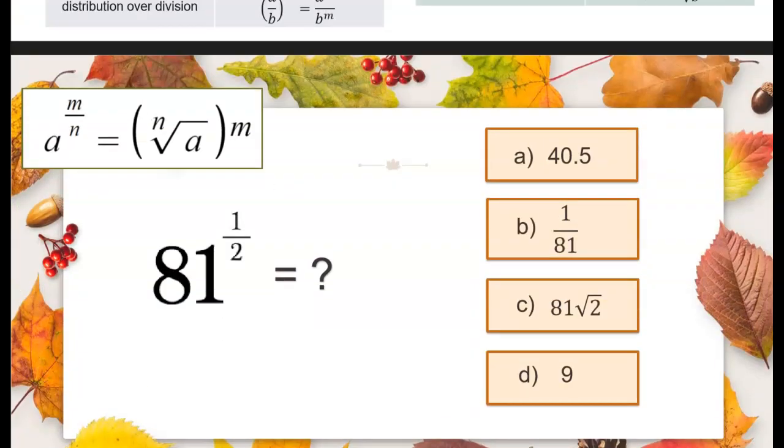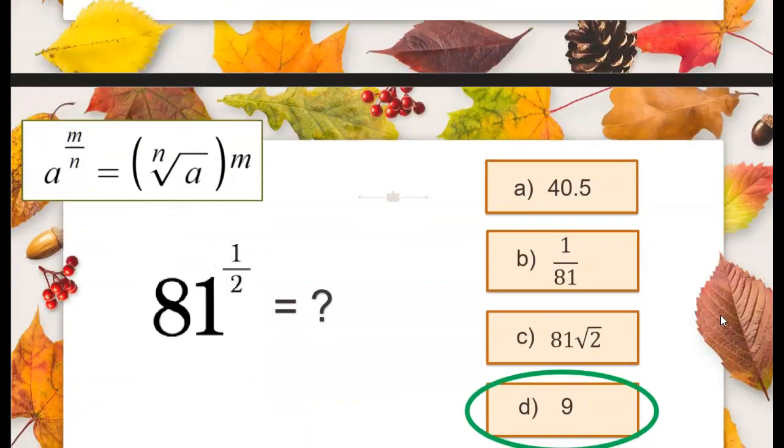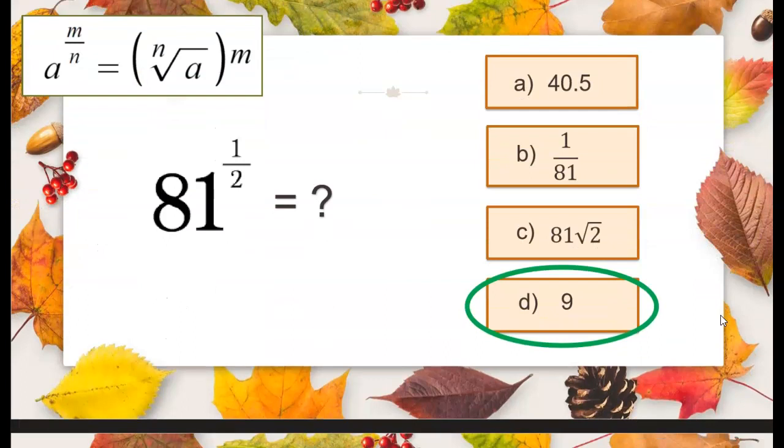So what is 81 to the 1/2? We've got the applicable rule listed up there. Which one of these is the answer? 81 to the 1/2 is 9.